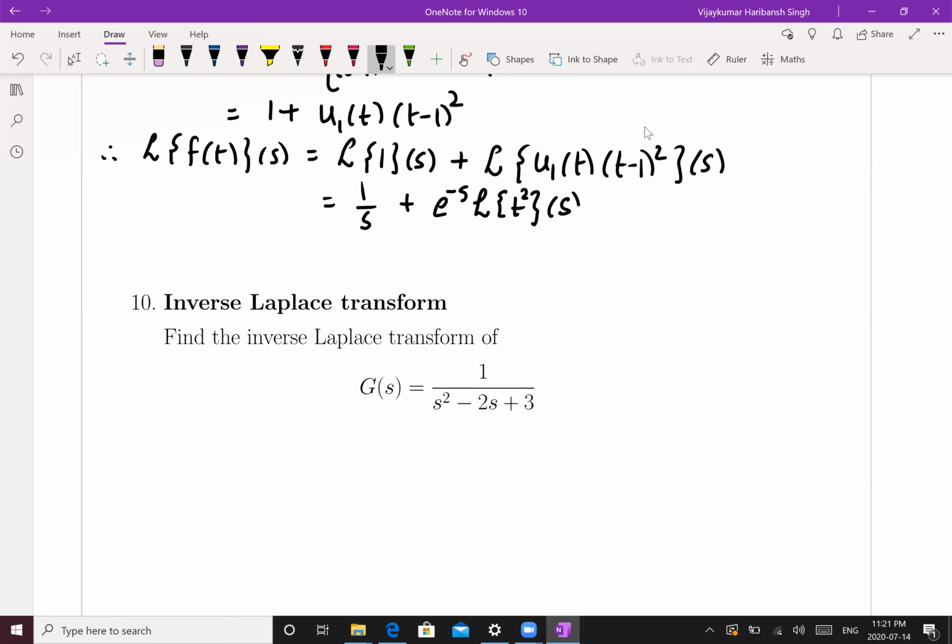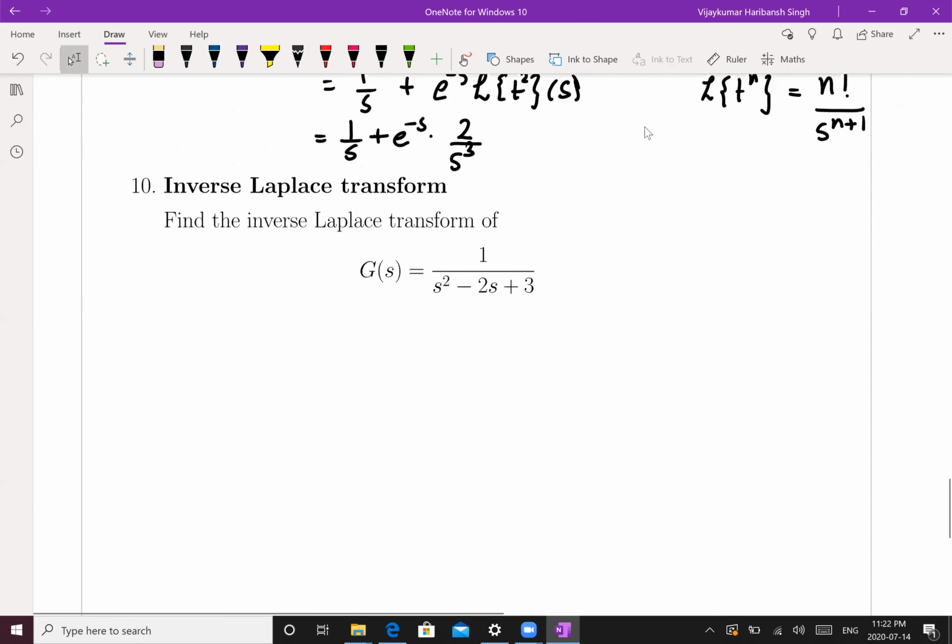Note that the Laplace transform of t to the power n is n factorial upon s to the power n plus 1, which is true when n is a natural number. So here we'll have 1 by s plus e to the power minus s times 2 factorial, which is 2, divided by s to the power 2 plus 1, so s cubed. So this is the Laplace transform of that.